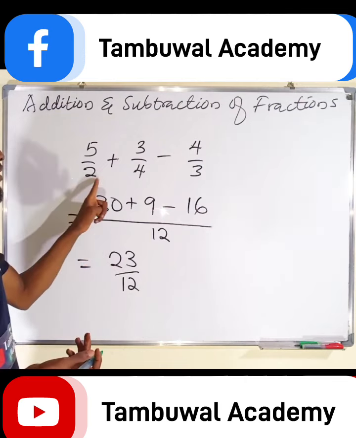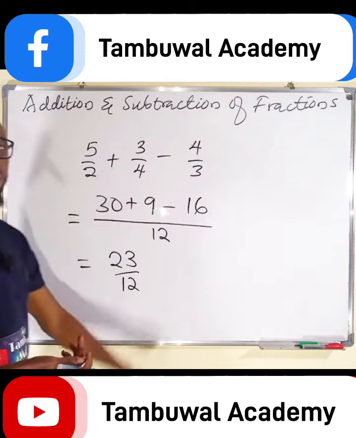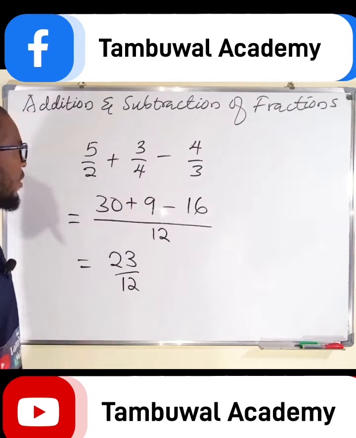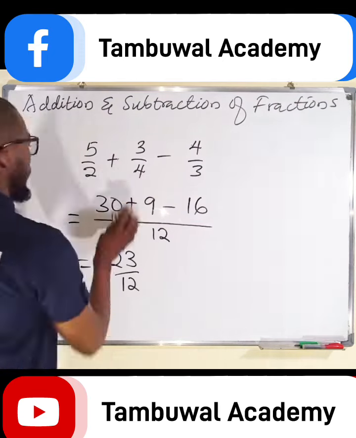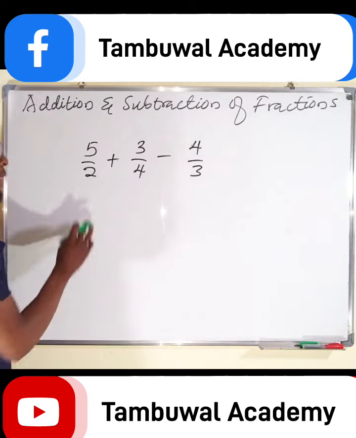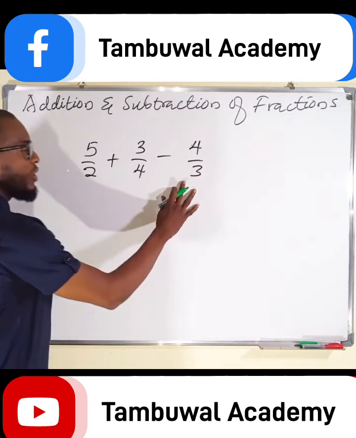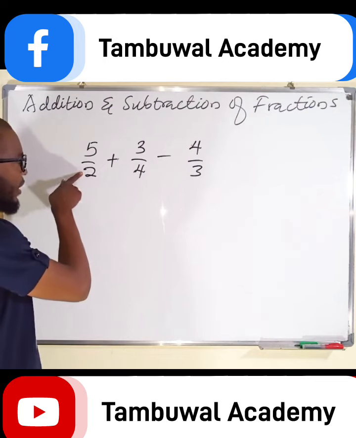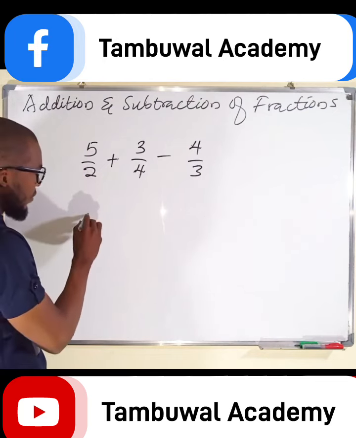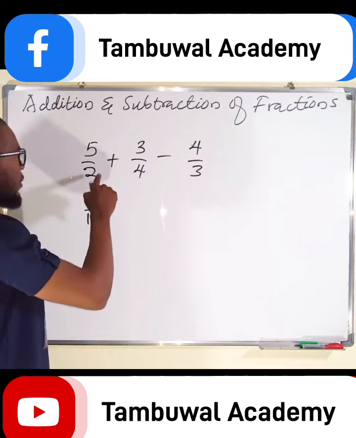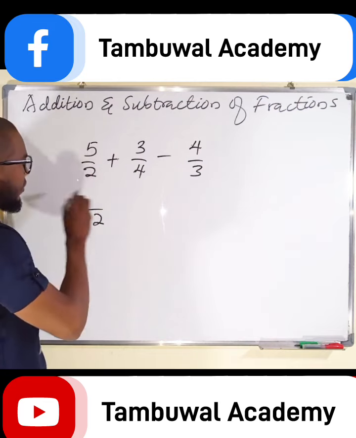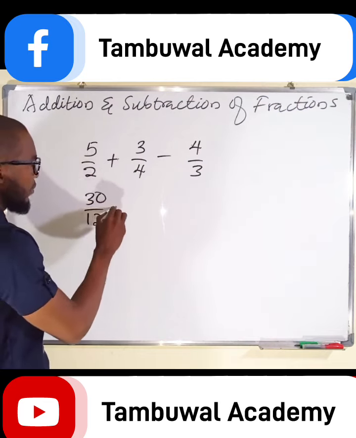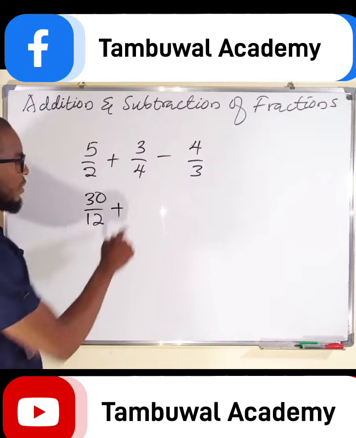Again, we can transform each of these denominators to be exactly the same. How do we do that? We have to transform them to be equal to 12, because 12 is their LCM. Multiply this by 6 to obtain 12. Multiply this by 6, you obtain 30. We add.